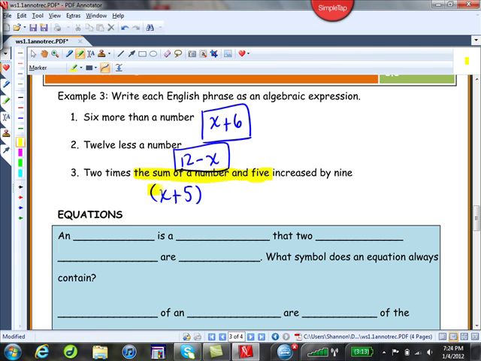So this is that portion of it. And then if we're saying 2 times the sum of a number and 5, we can simply multiply that by 2. Remember, if you have a number and then parentheses, that implies multiplication. Then if we want to say increased by 9, we need to go plus 9. So this last part, increased by 9, plus 9, and all the pieces go together.